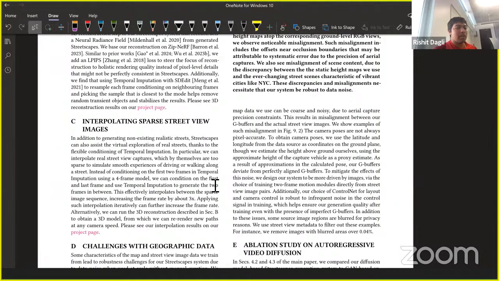So they also talk a bit about interpolation, and this allows them to increase the frame rate by quite a bit. They say they experimented with a 3x frame rate increase. That's pretty interesting. You can do a good level of interpolation from these, so that's good too.